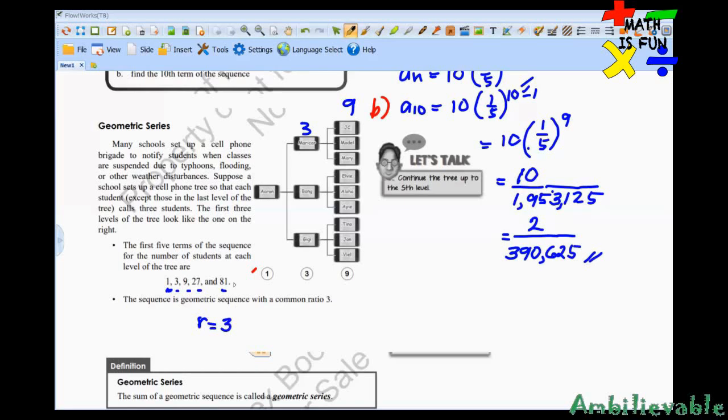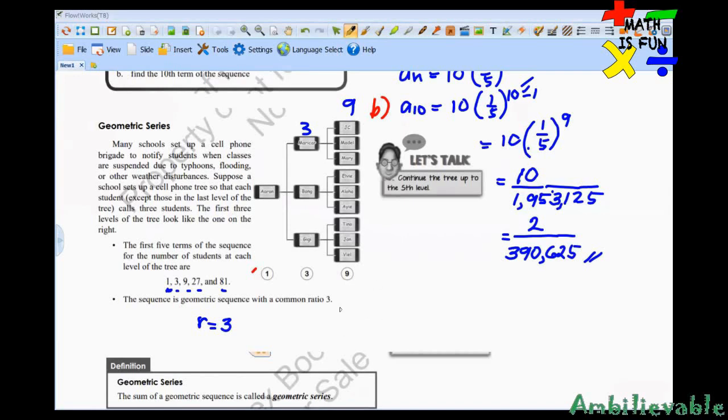Okay, will you read the next question on that example in the book, if you have that one? It says, to get the number of students in the 7th level, we use the formula. So let us try until the 7th level of the students who will be calling 3 each, right?